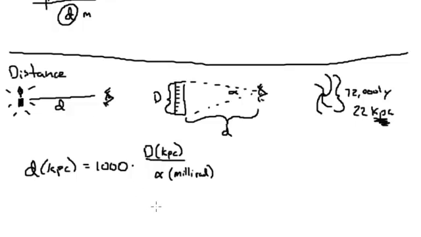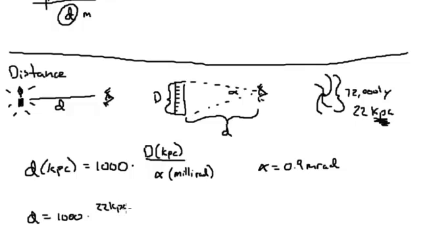So we're actually going to solve this problem here. So if alpha is 0.9 milliradians, I should be able to figure out, using this standard ruler, how far away this galaxy is. So let's do that. The distance is going to equal 1,000 times my diameter, 22 kiloparsecs.